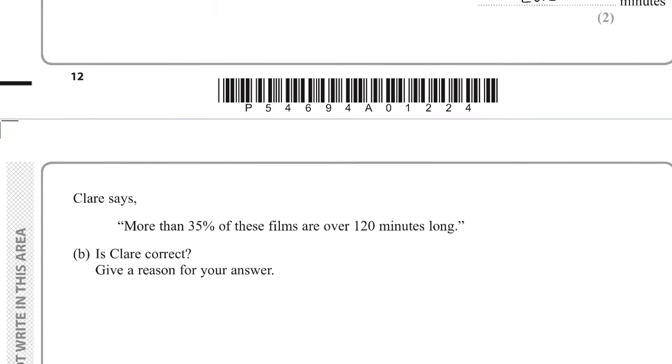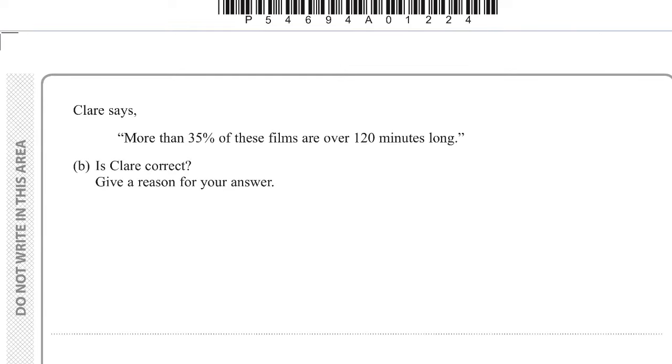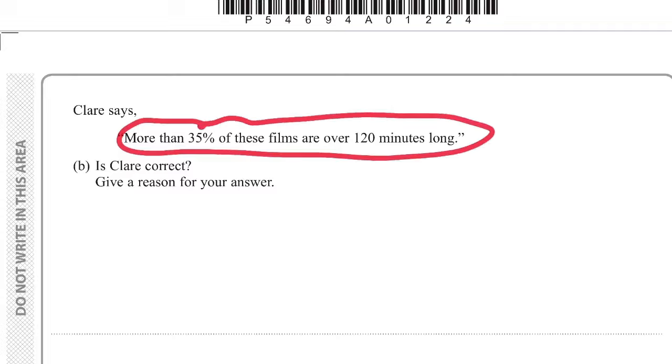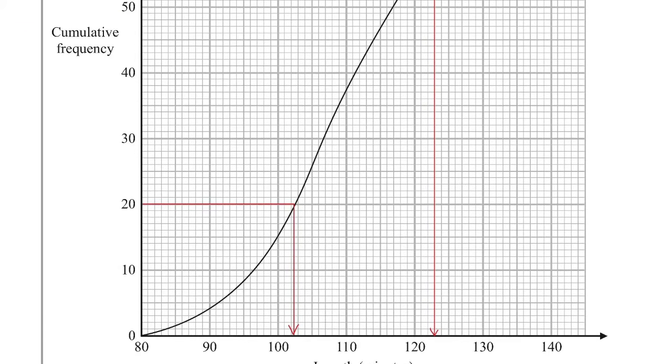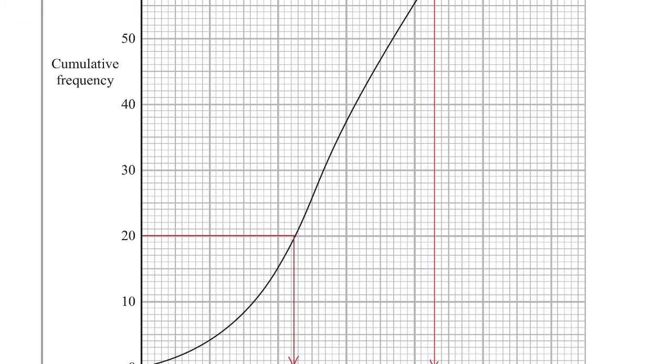And then Claire says that more than 35% of these films are over 120 minutes long. And we need to say whether Claire is correct, giving a reason to justify our answer. So she's saying that more than 35% of these films are over 120 minutes long. I will actually go back to my cumulative frequency curve at 120 minutes to see how many films we had.